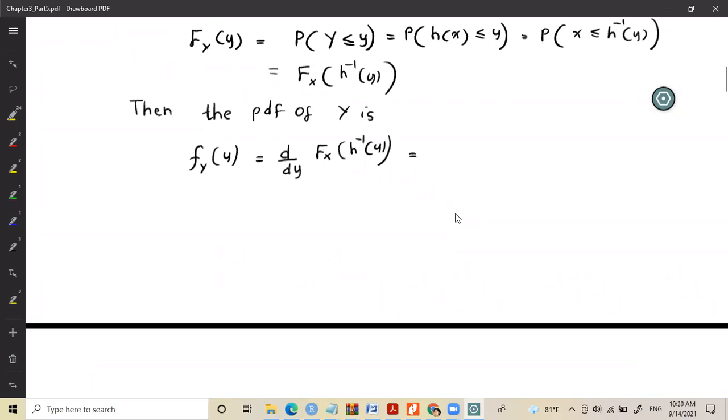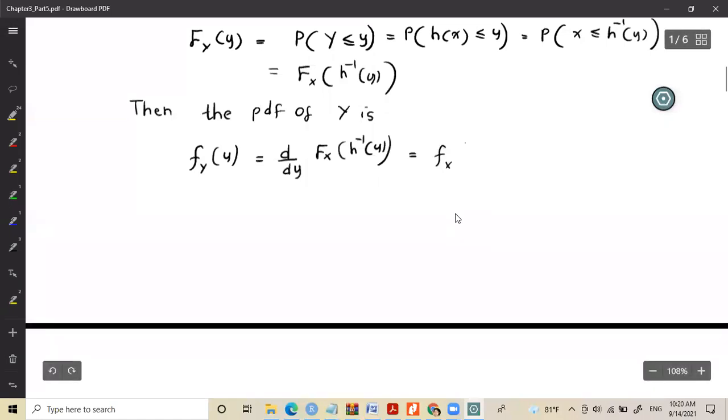Now you have to be very careful when you take the first derivative. This is the chain rule. You have to apply the chain rule. Why? Because you have something inside F of X also. So you take the derivative of the outside function, then you go inside and take the derivative of the inside function. If you have the CDF capital F of X, the first derivative will give you the PDF.